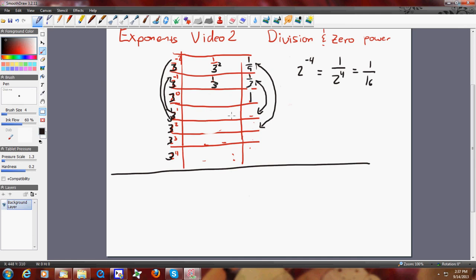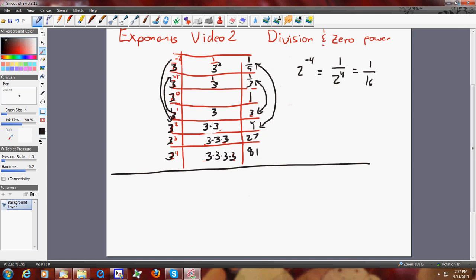This still becomes 1 because this is going to be 3. This is going to be 3 times 3, then 3 times 3 times 3, then 3 times 3 times 3 times 3. So this is going to be 3, 9, 27, then 81.